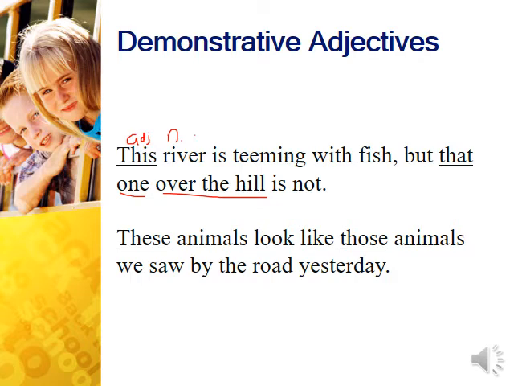These animals, of course, animals here is plural, so we used these. These animals look like those animals we saw by the road yesterday. Animals is also plural, so we use those.